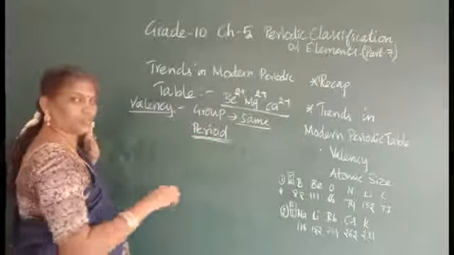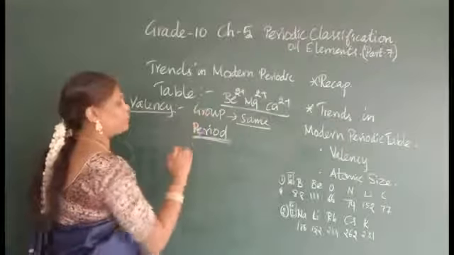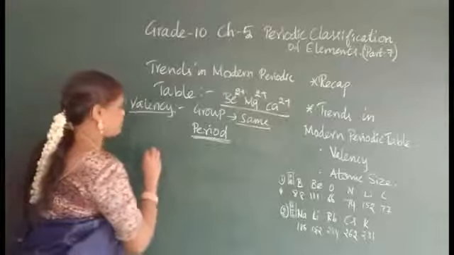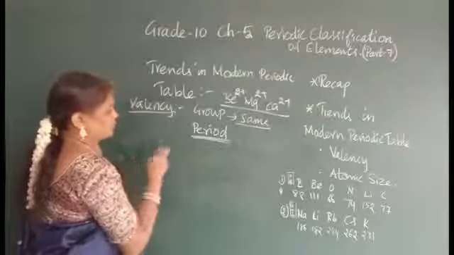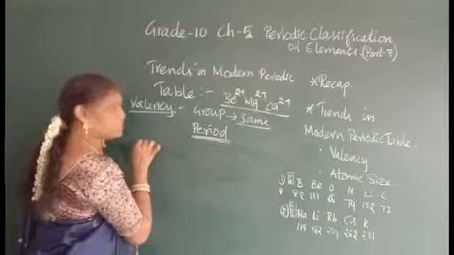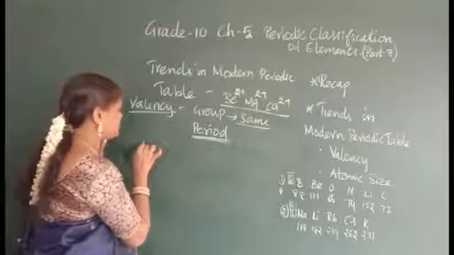Period means what? Horizontal rows. This one is a vertical column. So in a period, what happens? Let us see the second period. What are the elements?